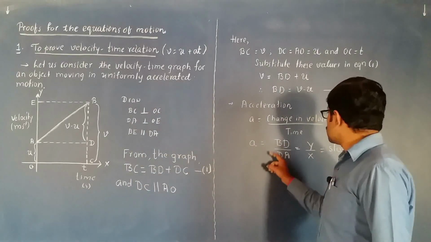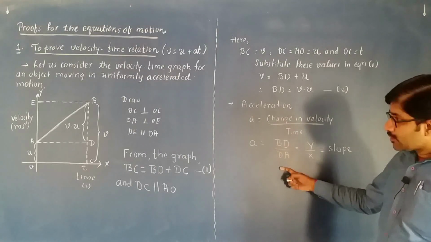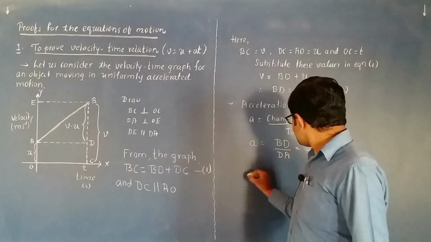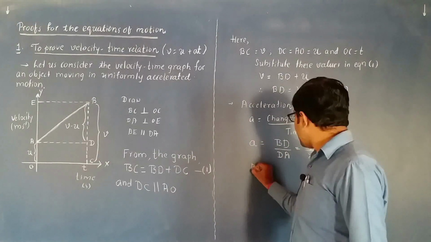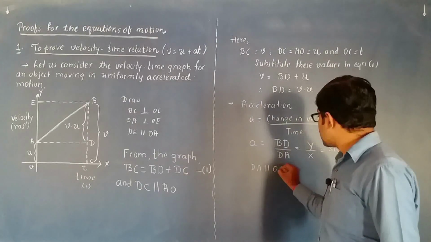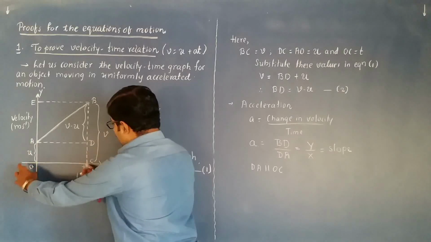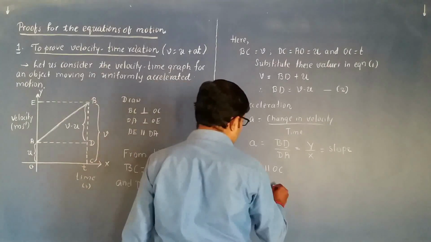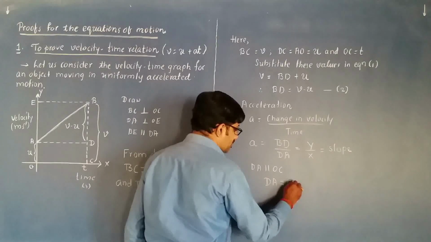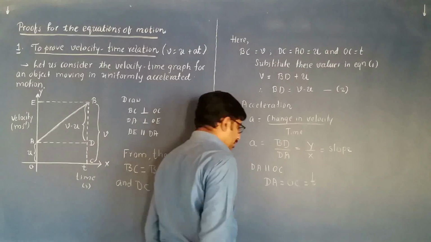From equation 2 you have BD, and you need to calculate DA. Remember, here DA is parallel to OC, and hence you can write DA is equal to OC, and OC is equal to time t.